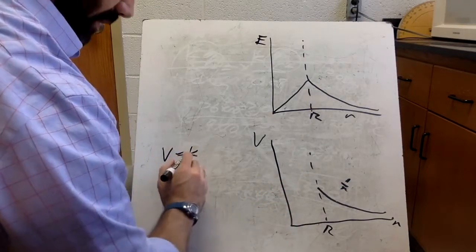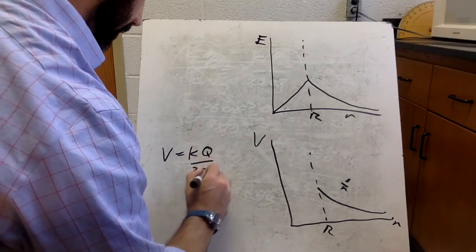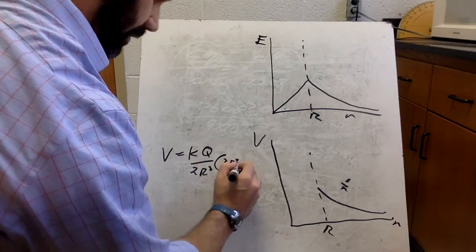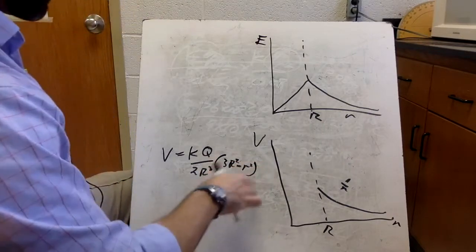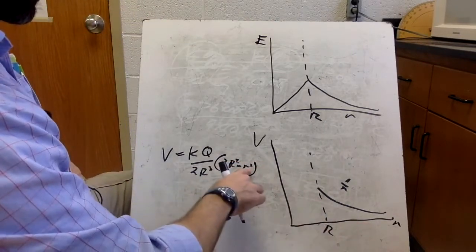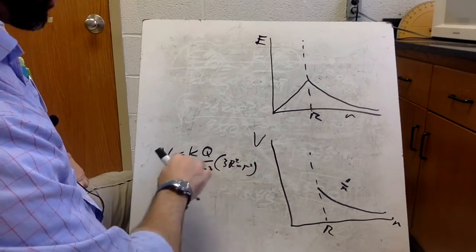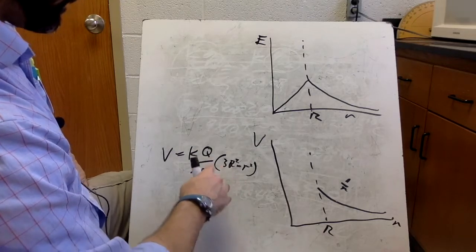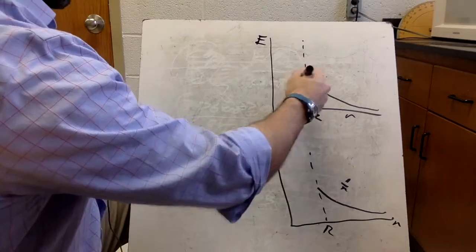V equals kq over 2R cubed, and then 3R squared minus r squared. Notice, though, that if you take the derivative of this with respect to little r, then you end up with 2r here. That 2 cancels out, and you just end up with kqr over R cubed, which is the formula we had for the electric field, which gives us this.